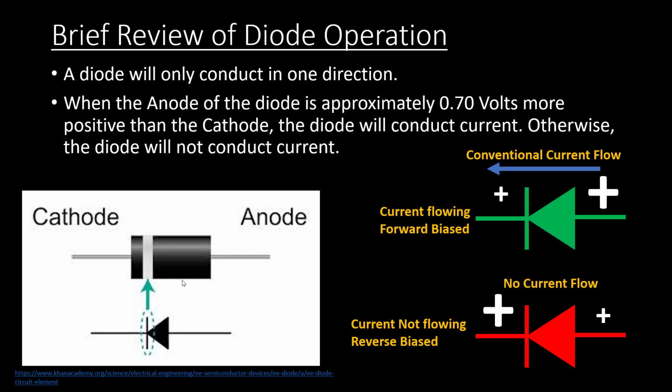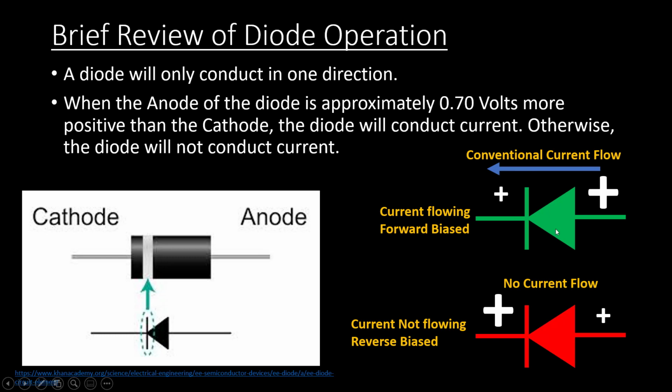When the anode of the diode is approximately 0.7 volts more positive than the cathode, so here the anode is more positive than the cathode, the diode will be forward biased, and the diode will start conducting current. So current will flow, and I want you to make sure you see this is conventional current flow.